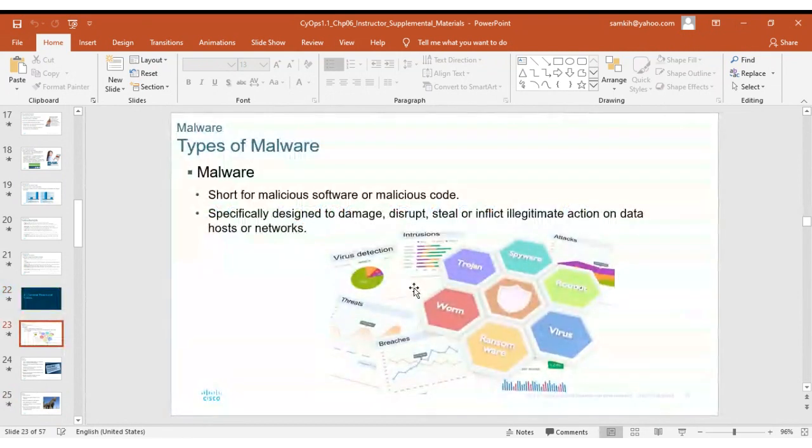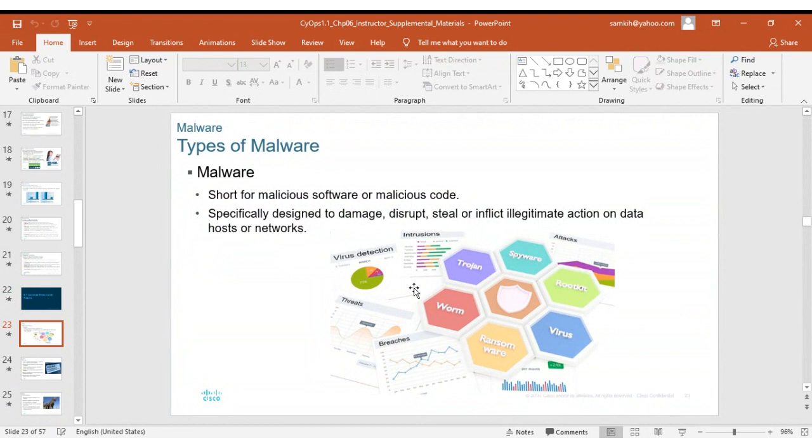So, types of malware. We said we have other types of attacks, and one of them is malware, which is short for malicious software or malicious code. I normally see, in very many WhatsApp groups for students, some students get a particular code from another group.